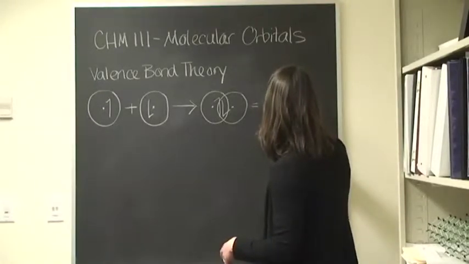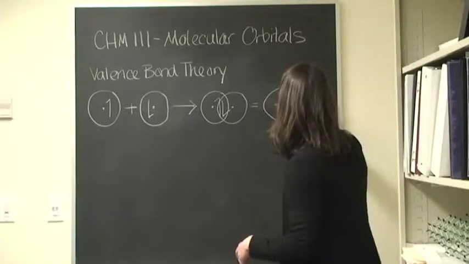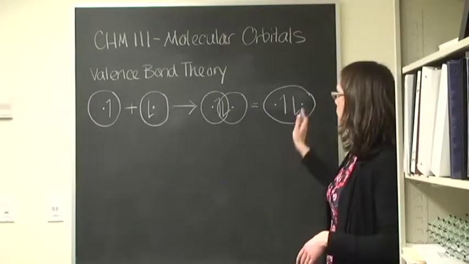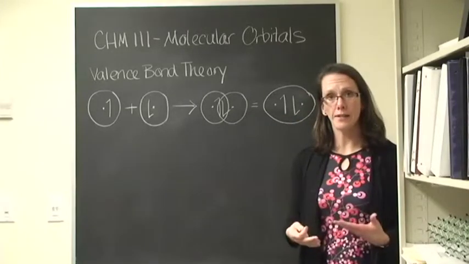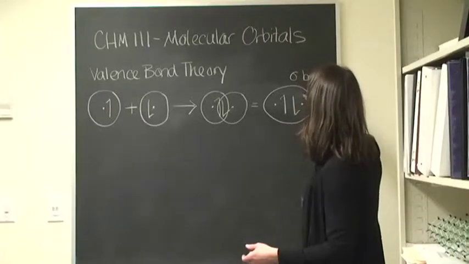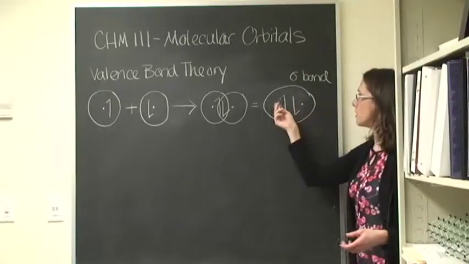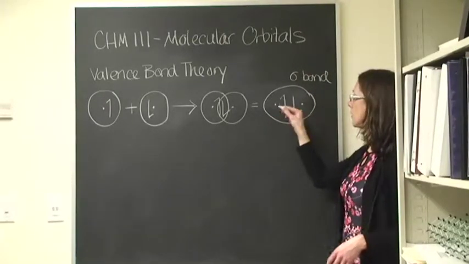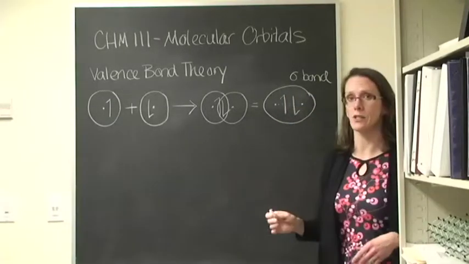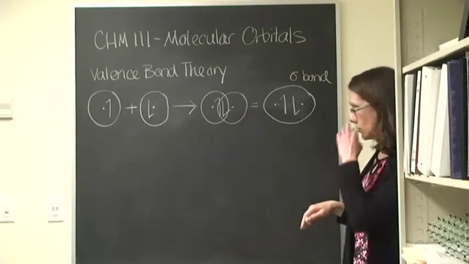So we get a new electron cloud that looks sort of elliptical in shape, and we have two electrons in there, and we call that a sigma bond. As we've talked about, a sigma bond is characterized by having a lot of electron density along the bond axis. I'm drawing it in with a little dashed line, so along the axis between the two nuclei.